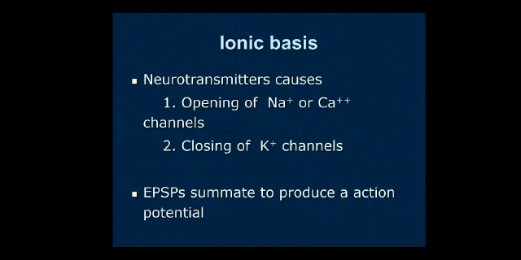These receptors make the sodium channels or calcium channels open up. Then it may also cause closing of potassium channels. Because of sodium influx, it goes towards the positive side. So this is called excitatory postsynaptic potential.